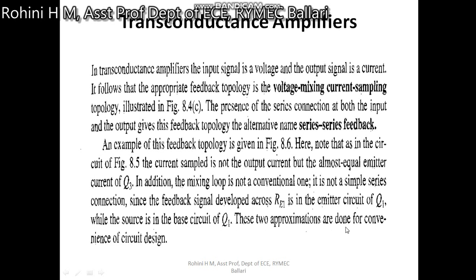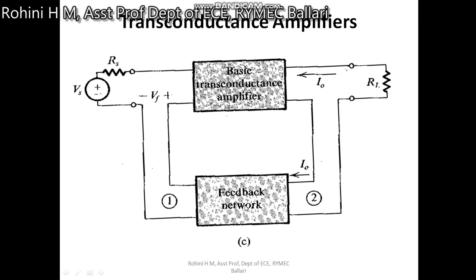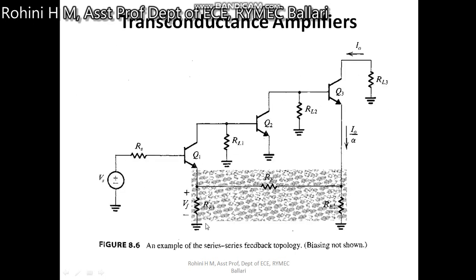These two approximations are made for convenience of circuit analysis. So the mixing loop is not conventional because RE1 is also the emitter of Q1.